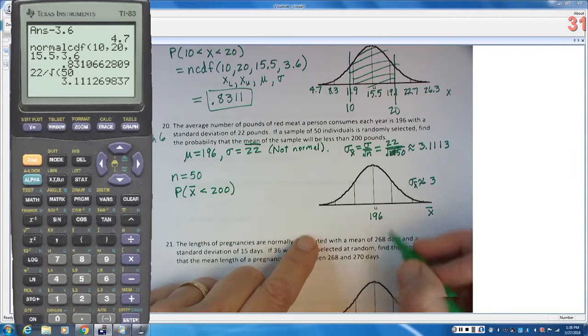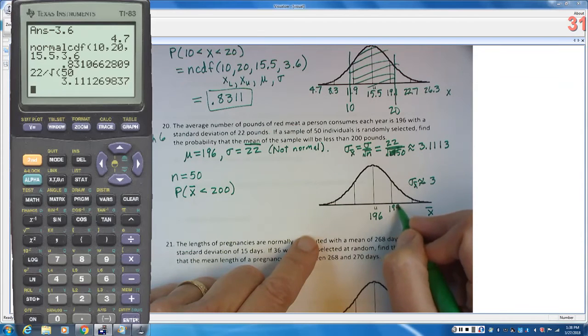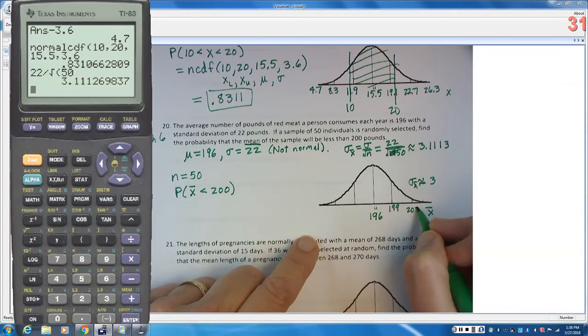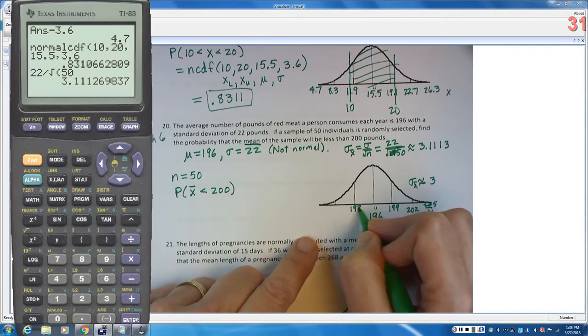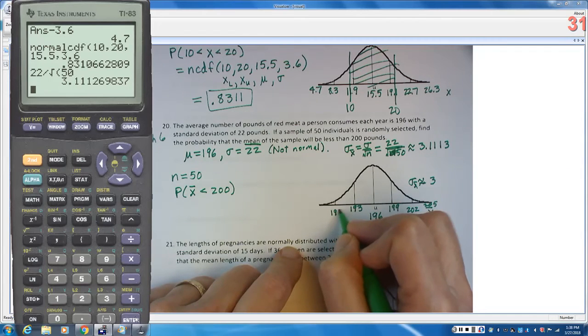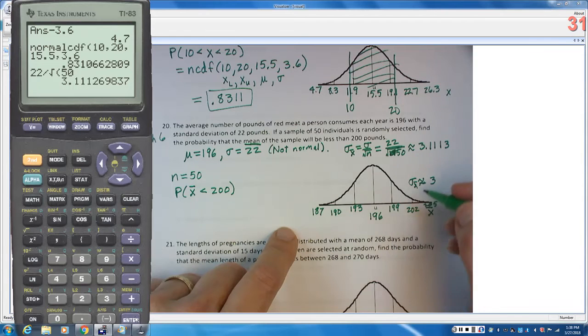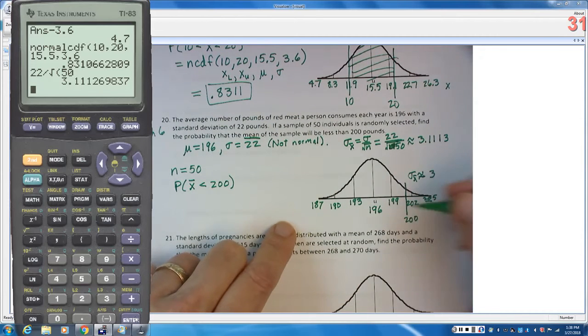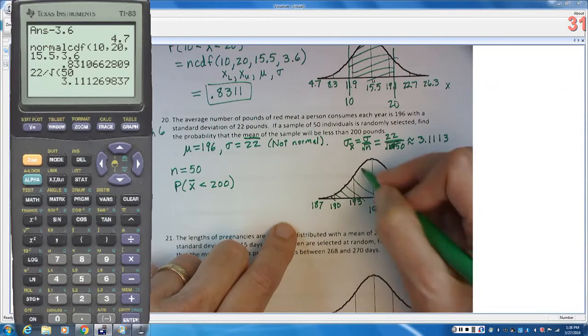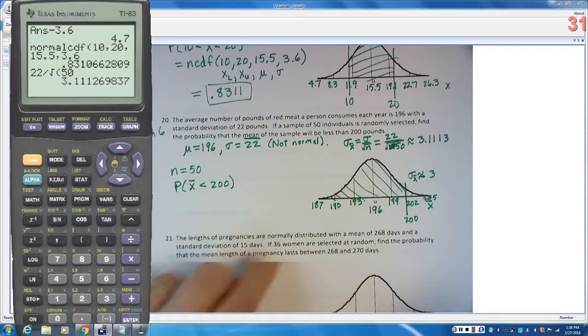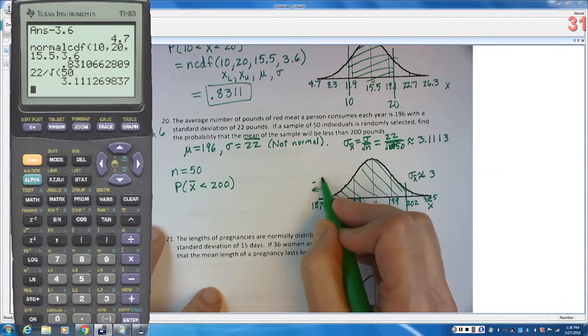We're going to add 3 going up, 199, 202, 205. Subtract 3 going down. Less than 200 is here. We shade below. This goes to negative infinity.